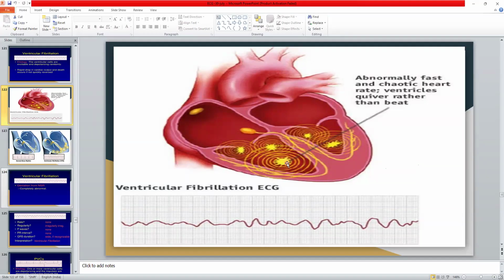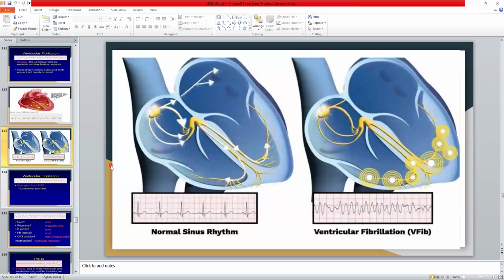You can see the multiple relooping circuits. This is the chaotic heart rate. Ventricles just tremble rather than beat. Here you can see the normal sinus rhythm, SA node, AV node, everything.